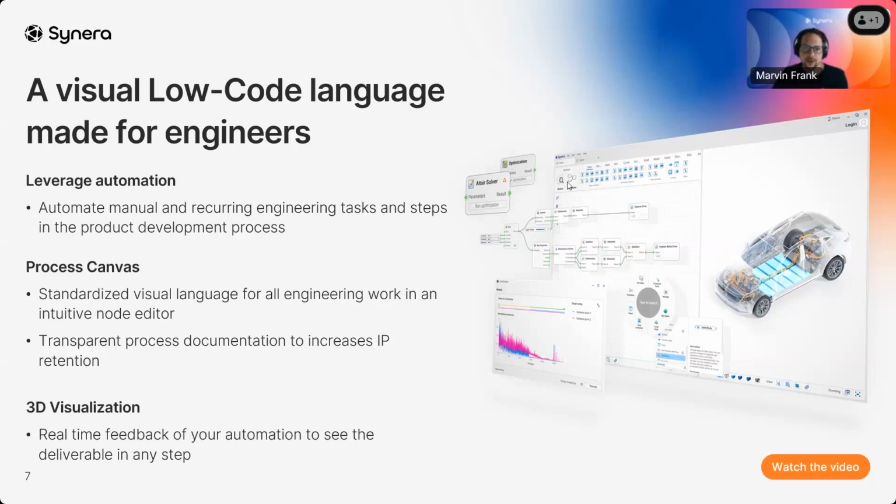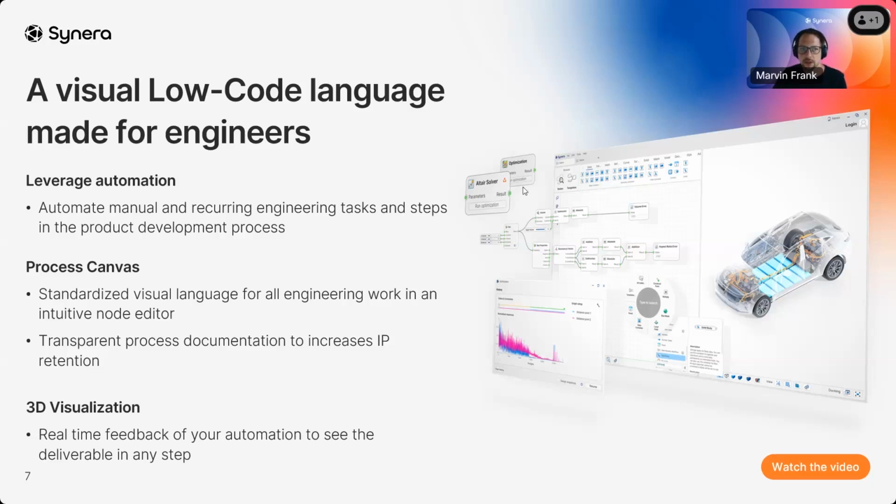And our main nodes, you can see that already here. Each of these small boxes is called a node. We will get to that later in depth, but it's a functionality. Some of these nodes are connectors and they can connect to external software, for example HyperMesh and OptiStruct, for meshing, optimization and analysis.